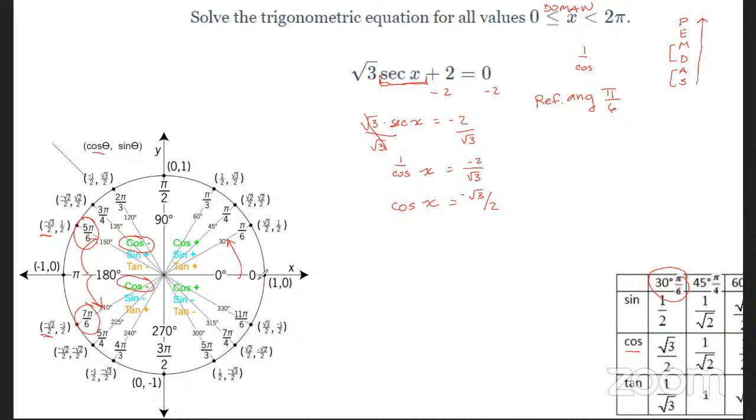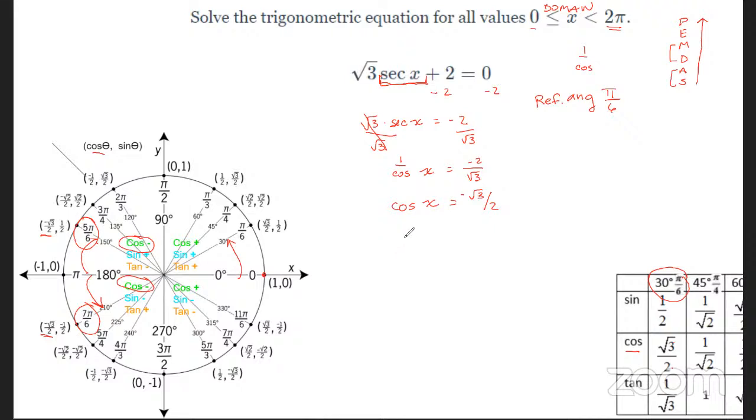But we're not going to add another 2 pi to it to get a second answer and a third answer and a fourth answer, because it has to stop at one time around the circle. So we're starting at this starting point right here, and we're going one time around the circle. That's what 2 pi means. We've gone one time around the circle, okay? So when we go one time around the circle, there's only two angles that give us that negative radical 3 over 2 in the spot of cosine, okay?